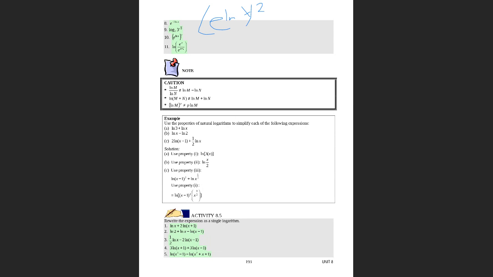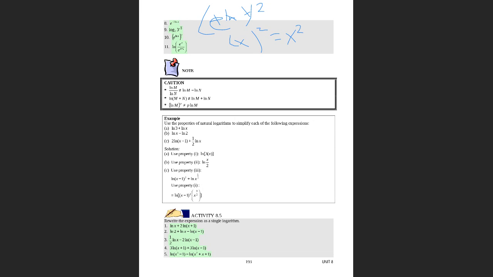So BODMAS, we do the one in the bracket first. We have to note that this will cancel this. So we are going to have x squared. So our answer will simply be x squared.